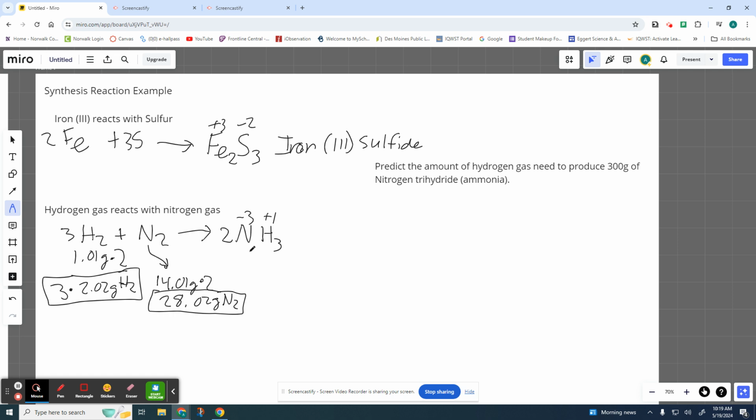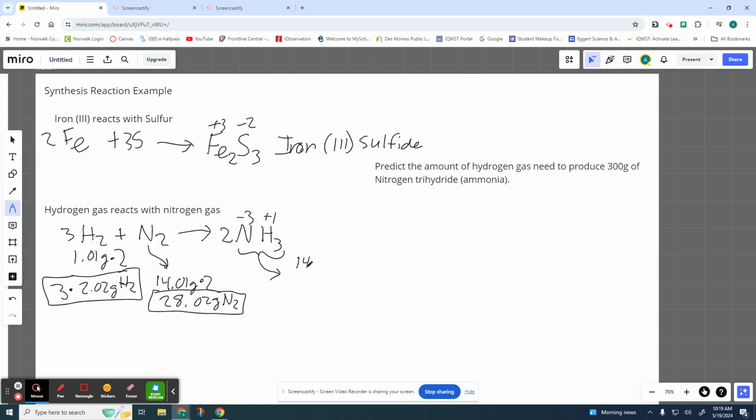And then finally, I'm going to get the package mass of one compound of ammonia. I have 1 nitrogen if I ignore the coefficient.